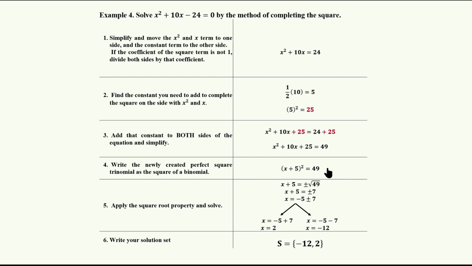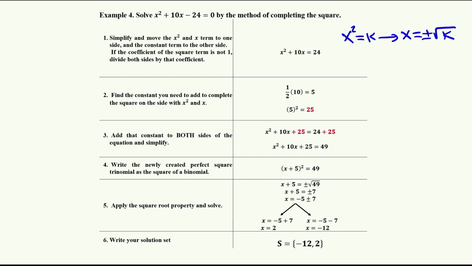And now you can see where the square root property ties into all this, because this is exactly the kind of equation we solved in the video that we called the square root property. So we know that the square root property states that if x squared equals k, then x equals plus or minus square root of k.